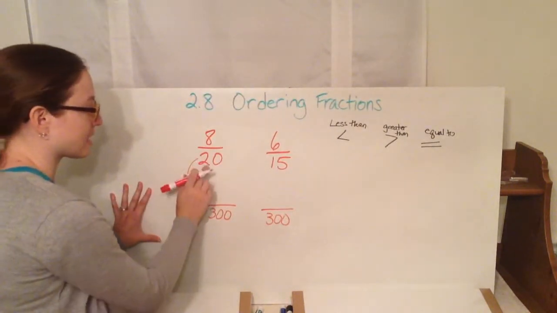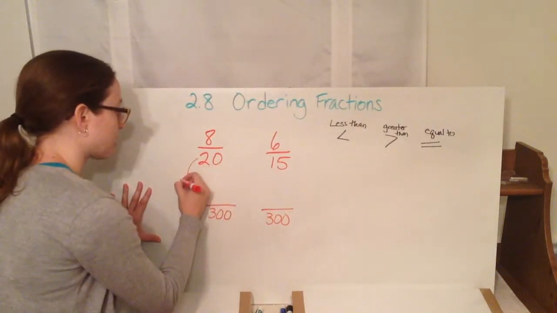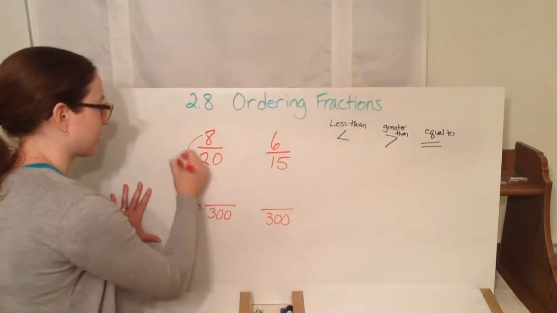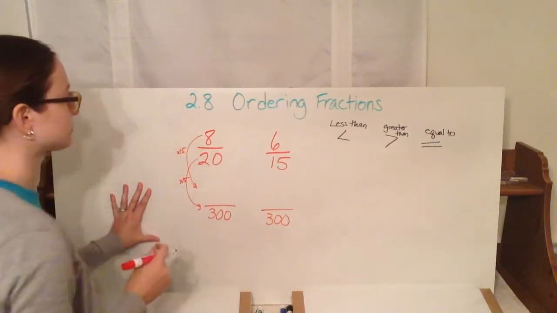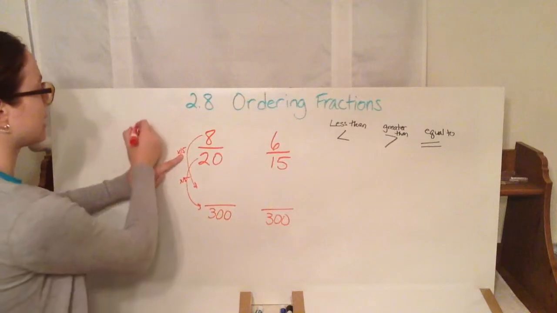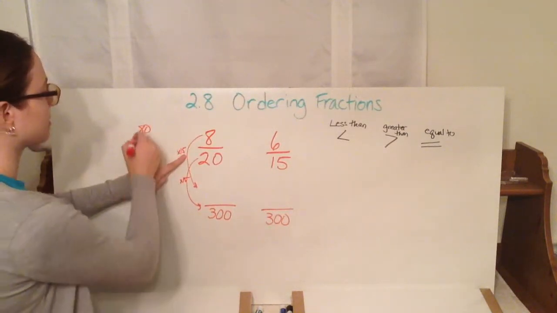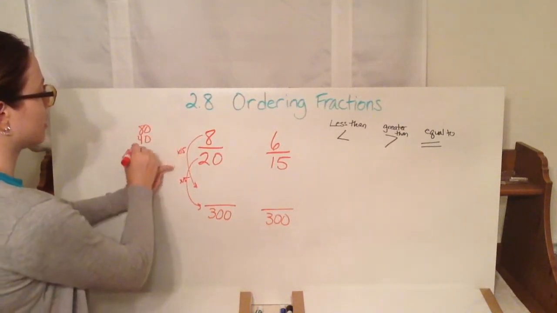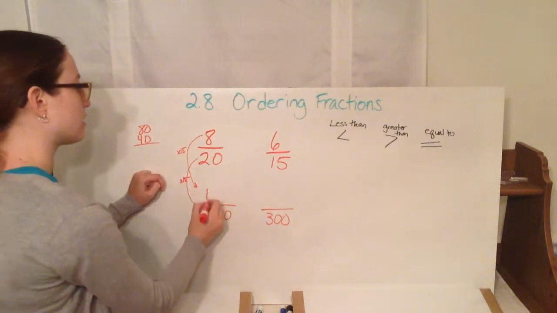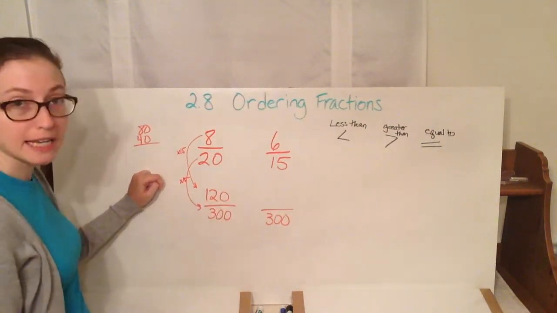That makes this easy because I know I did this times 15 and 8 times 15. 8 times 10 is 80 and 8 times 5 is 40. So 8 times 15 is 120.